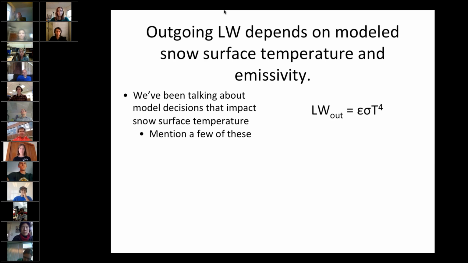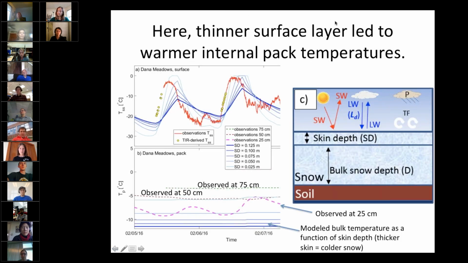Anything else? I think those are big ones. I'll show you one kind of cool one. You see these observations in the red line here? You see how it fluctuates really fast? So that's the turbulence. See, this is sort of the middle of the night here.